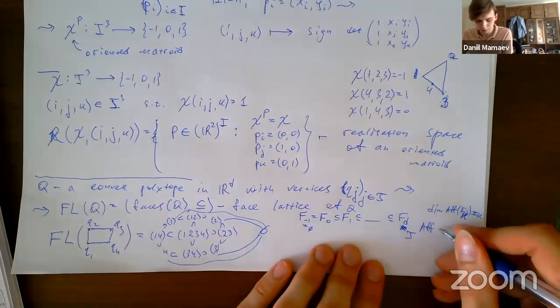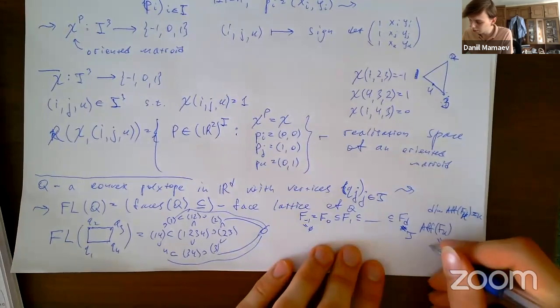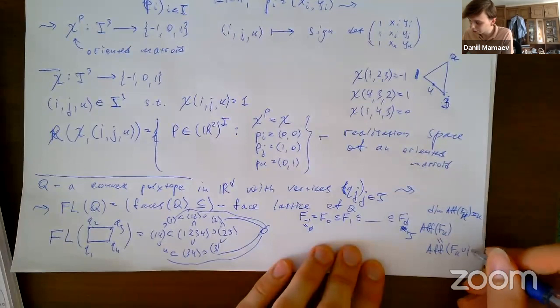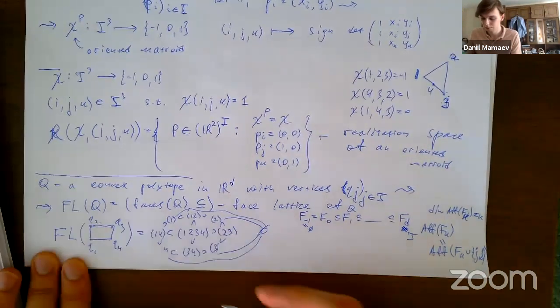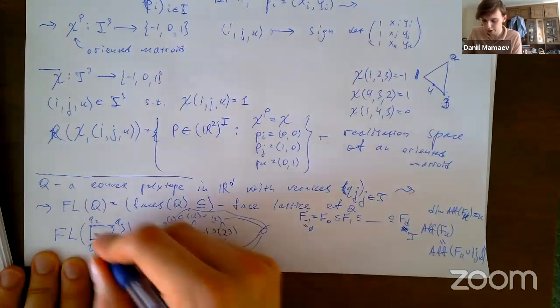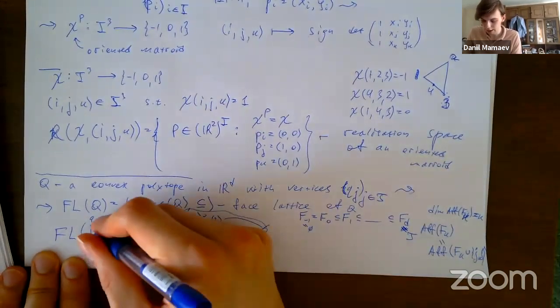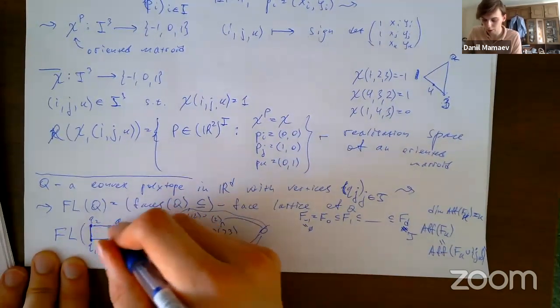Each time you add exactly one new vertex, which we'll call g_k. So for example, for our quadrilateral, we can take q_1, and then say this edge, q_1, q_2, and then q_1, q_2, q_3.